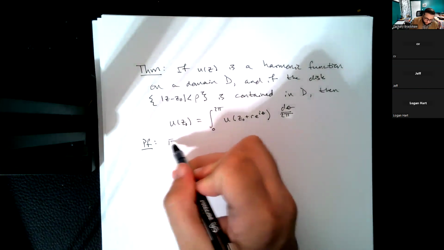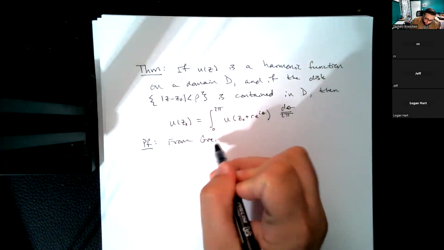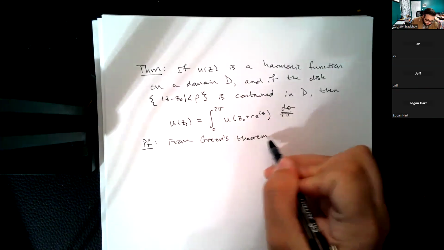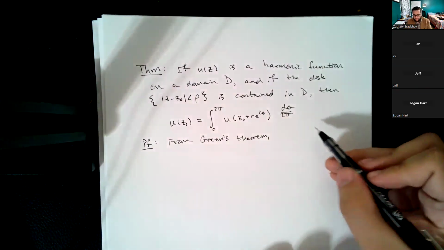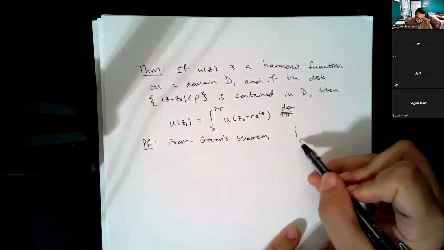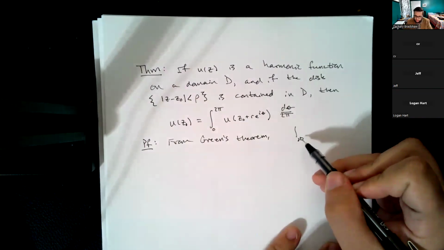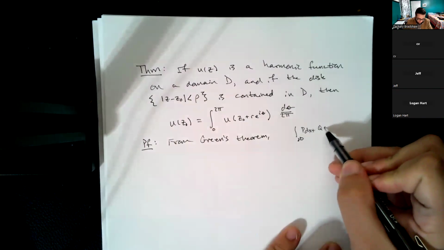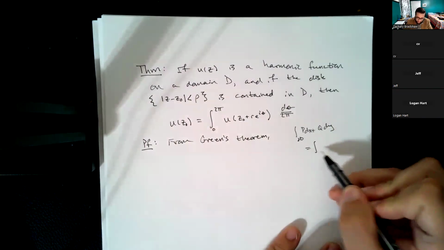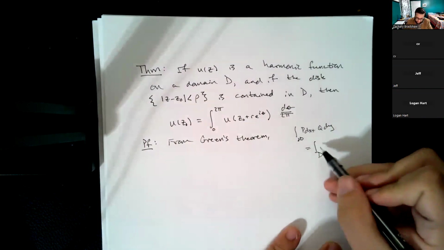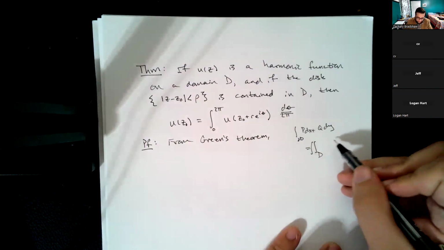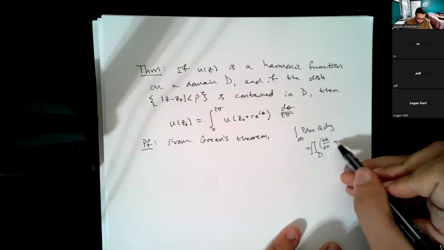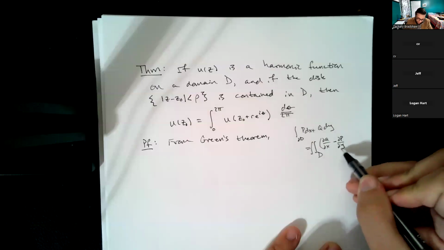So first, from Green's theorem. Remember what Green's theorem said. It told us that the integral along the boundary of some domain of this differential is equivalent to the double integral over the disk of this difference of partial derivatives.